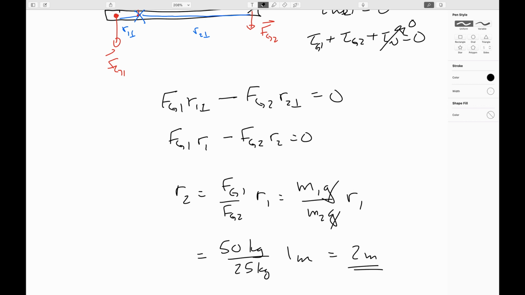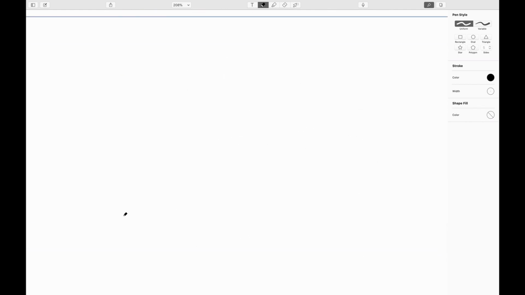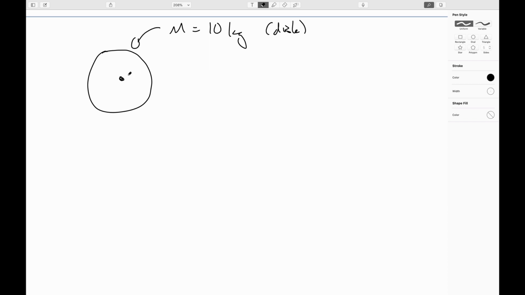Let's do maybe a little more complicated of an example here. So let's say you've got yourself a big disc here. Let's say this disc has a mass big M of 10 kilograms. And it's a big disc, so let's just say the radius is 2 meters.